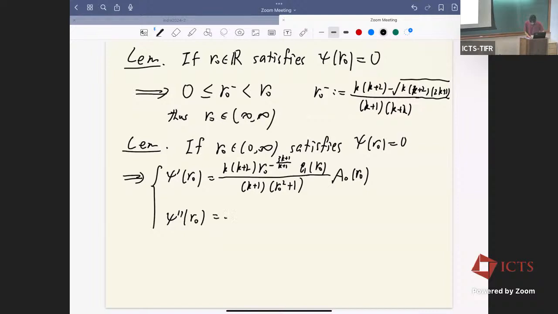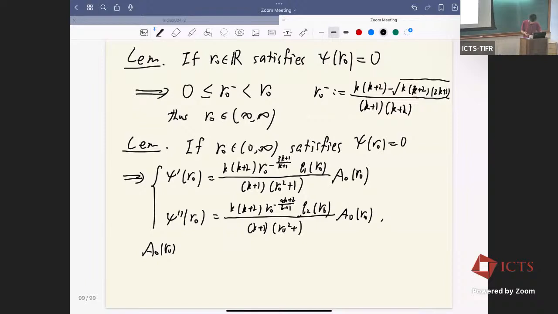Double prime is now K plus 2 R naught, 2 K plus 1 Q2 R0 plus 1. And where A naught R naught is quite complicated, but anyway some positive number.